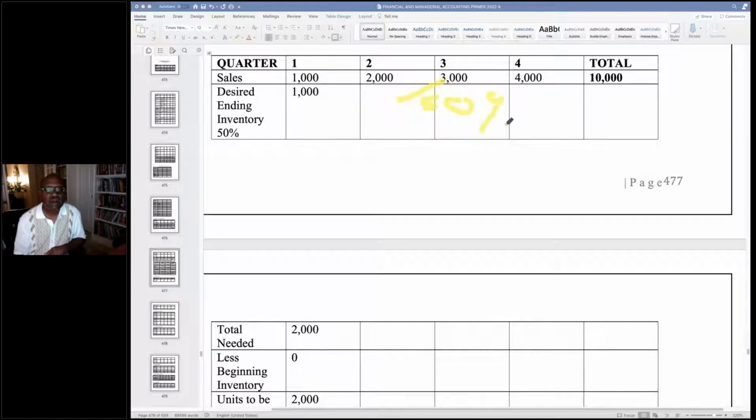Okay. So 1,500. Now you're getting it. And then total needed would be 3,500.